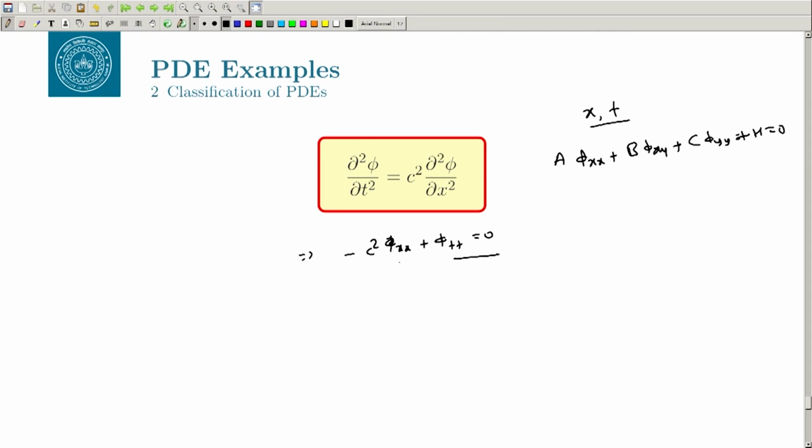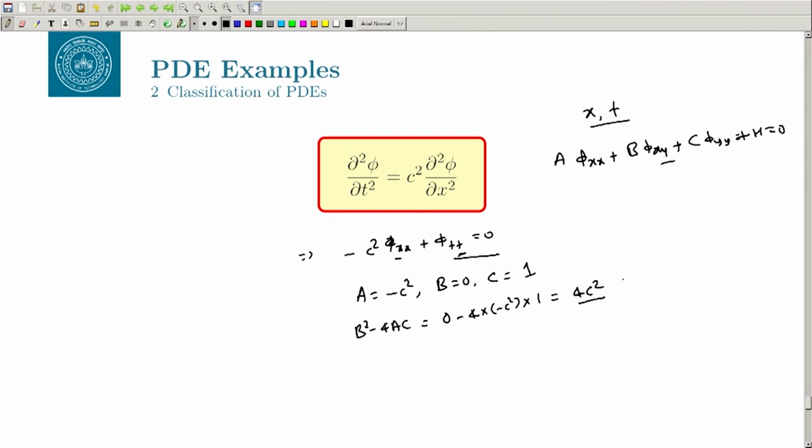And let us say my x is x and t is basically y here. Then your a is minus c square, okay, b is 0 and c will be basically 1, right. So, your b square minus 4 a c is equal to 0 minus 4 into minus c square into 1, which is basically 4 c square.